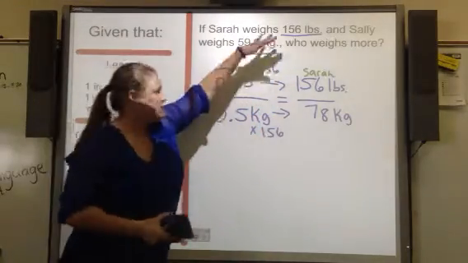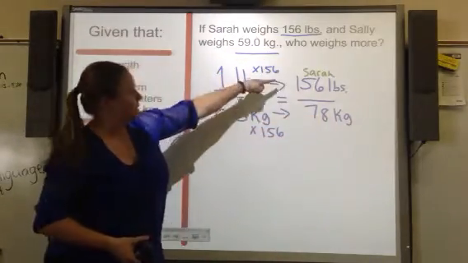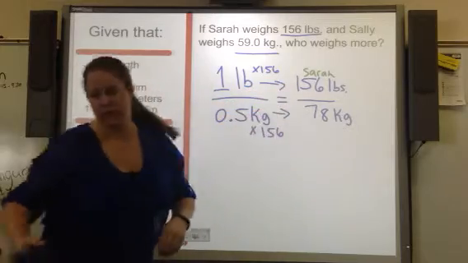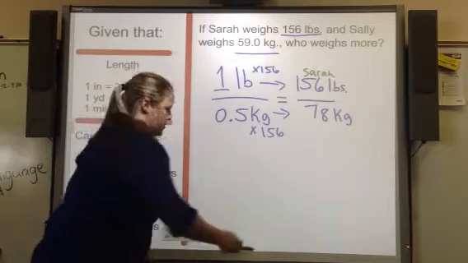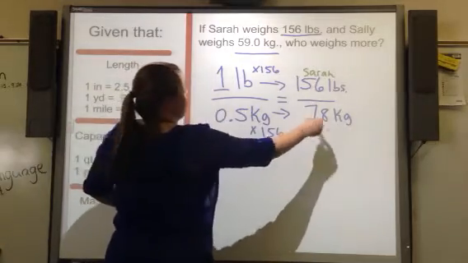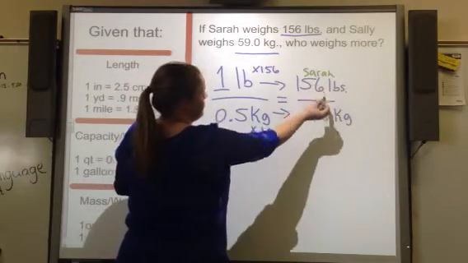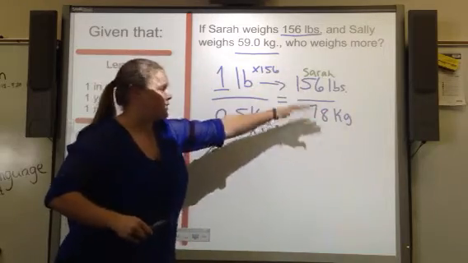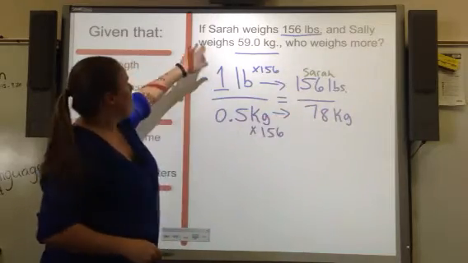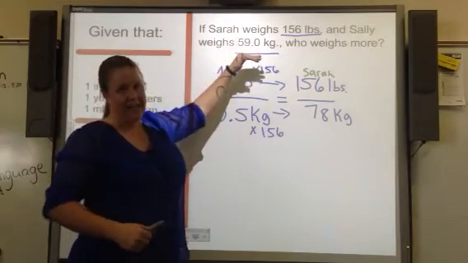Now my answer tells me that Sarah weighs 156 pounds, and going by that ratio, Sarah equals 78 kilograms. Sally weighs 59 kilograms.